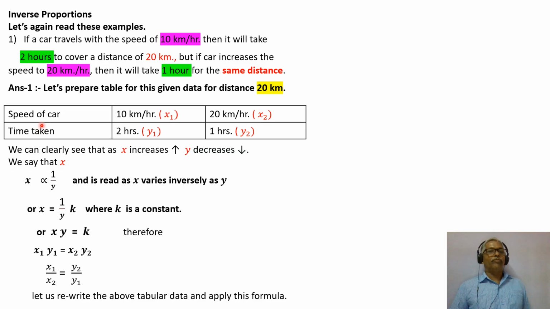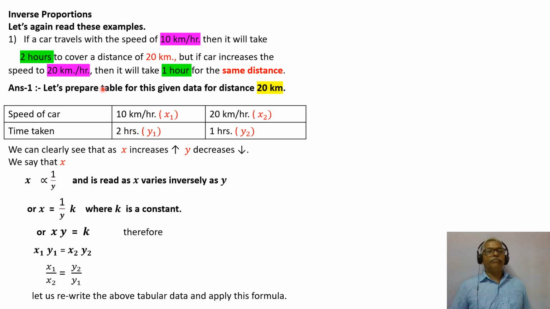The speed of the car is denoted by x, so x1 and x2, and the time taken is denoted by y, so y1 and y2. The speed of the car was 10 kilometers per hour, so the time y1 was 2 hours.